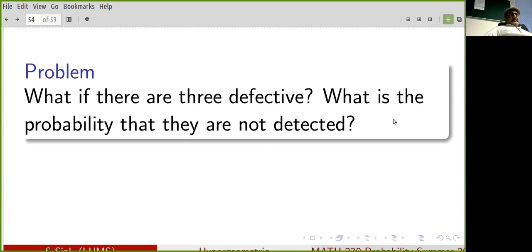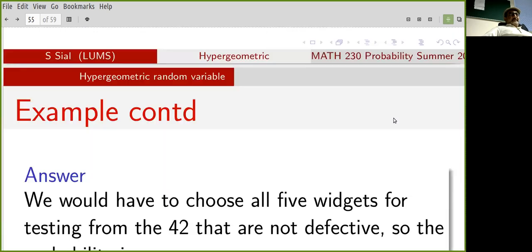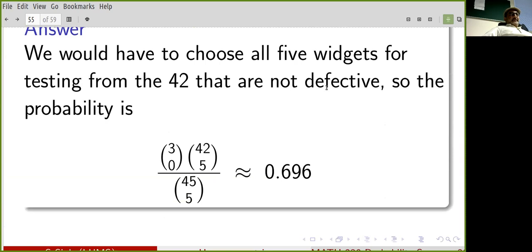What if there are 3 defective? What's the probability that they're not detected? Out of the 3 defective widgets we select 0. Out of 42 remaining, we select 5.